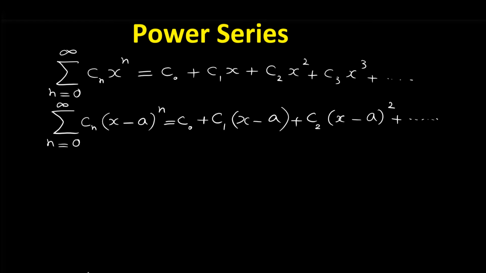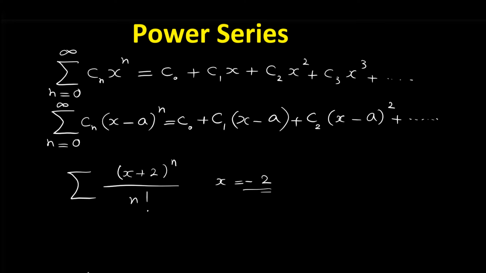So when you have a power series, you have to be able to immediately find the center of the power series. For example, when we have a power series in the form of x plus 2 to the n over n factorial, this is a power series whose center is at negative 2.